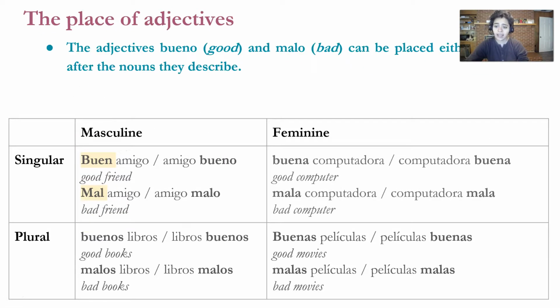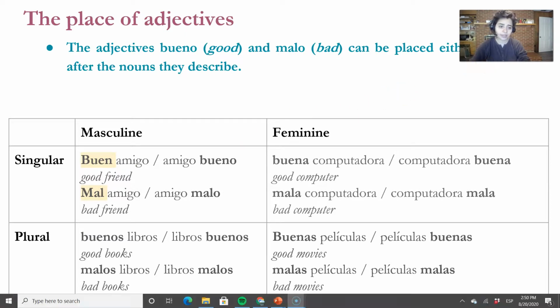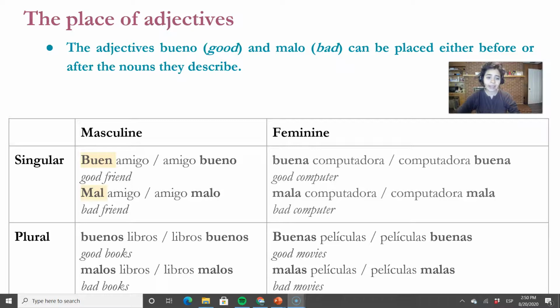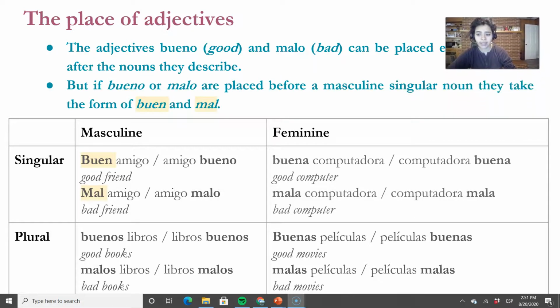Then we have the adjectives bueno, which means good, and malo, which means bad. They can be placed either before or after the nouns they describe. But if bueno or malo is placed before a masculine singular noun, they take the form of buen and mal. So you can see this in the chart. Buen amigo, amigo bueno. Mal amigo, amigo malo.